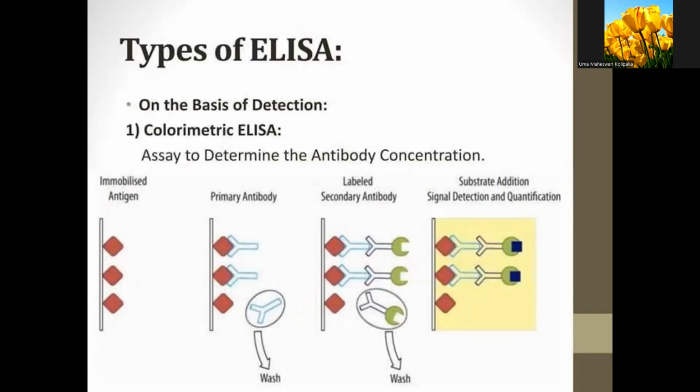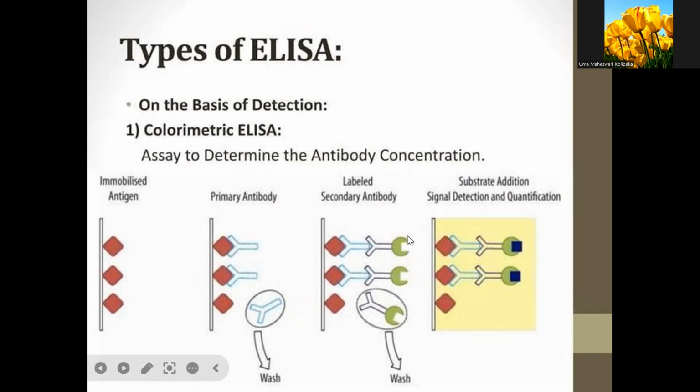Types of ELISA on the basis of detection. Colorimetric ELISA, an assay to determine antibody concentration. First of all, the immobilized antigen: we immobilize the antigen by annealing it to a solid surface, that is, plastic or polystyrene microtiter plates. Next, we add the primary antibody.